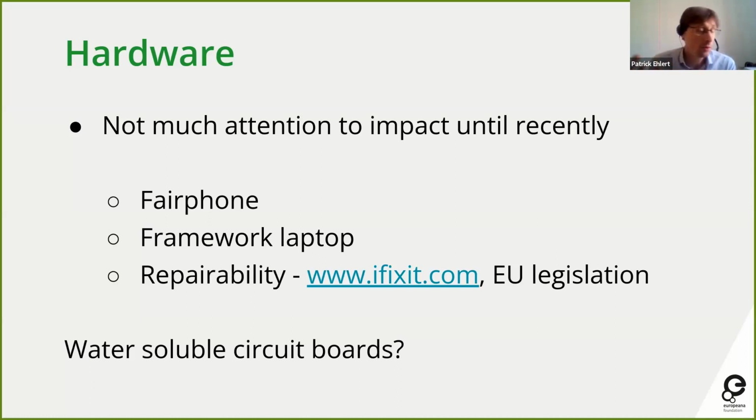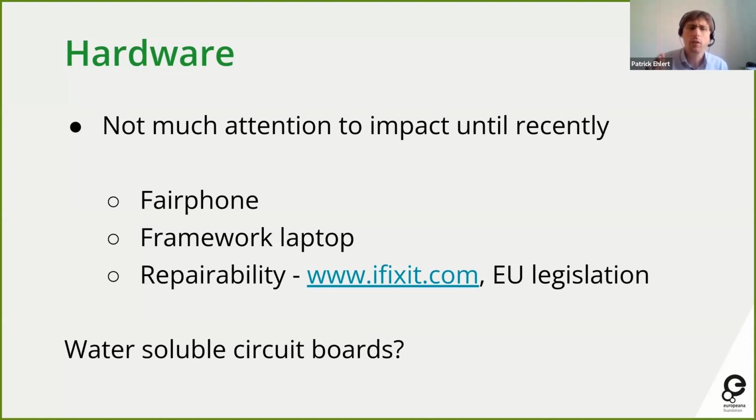But to state a few of the great initiatives for mobile phones, for example, you have an initiative called Fairphone, a company that is selling modular cell phones. Those cell phones are repairable. You can repair them yourself. And the company also guarantees a 5-year lifespan of software support and availability of replacement parts.